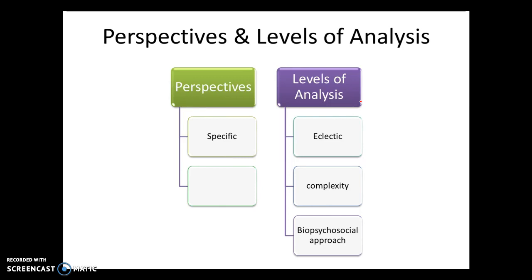And I'm flipping to the page myself to look at it. What we're really trying to look at is the perspectives, like I talked about earlier, are specific, right? Those 7 perspectives. The levels of analysis, however, says that most psychology today embraces what's really called an eclectic approach.